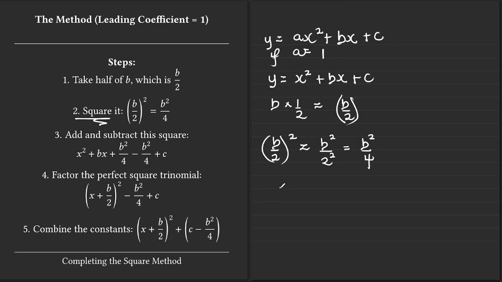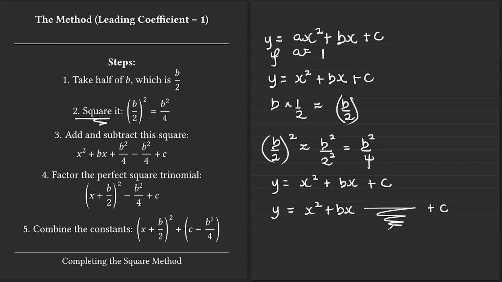Instead of y equals x squared plus bx and then plus c, we are rewriting it as y equals x squared plus bx, then we leave a space and then we have our plus c over here.